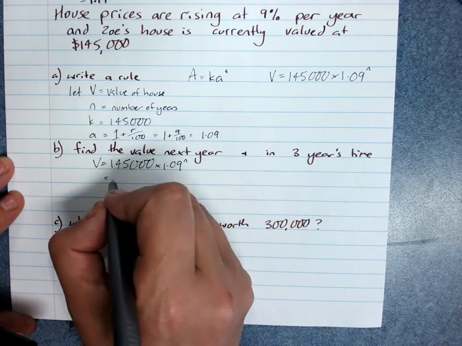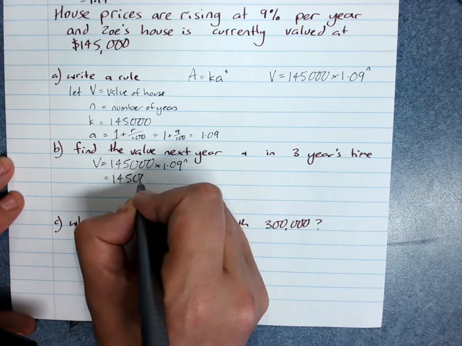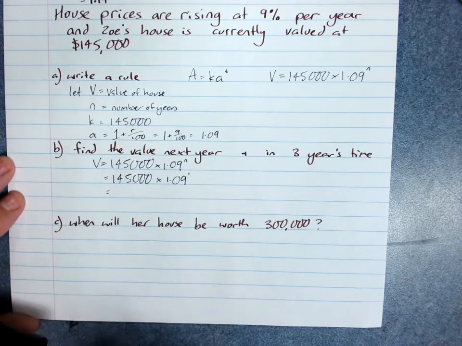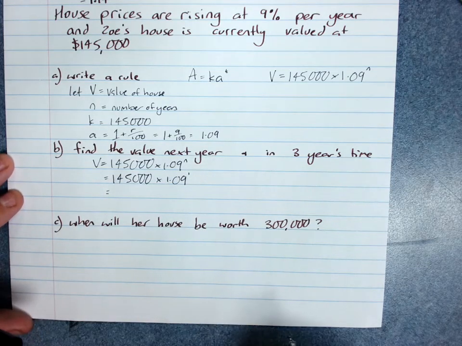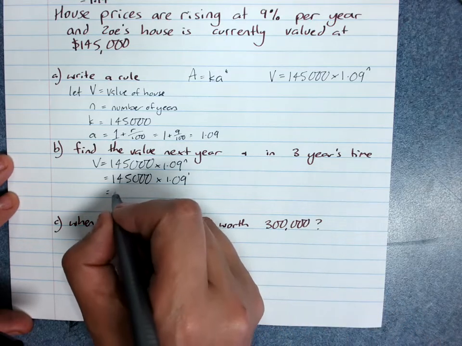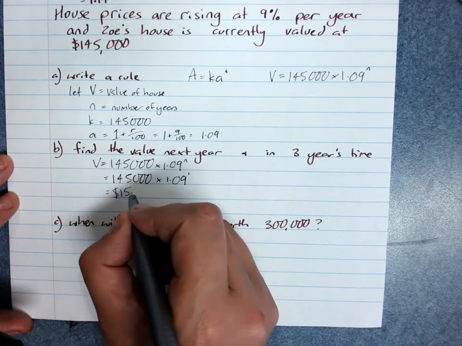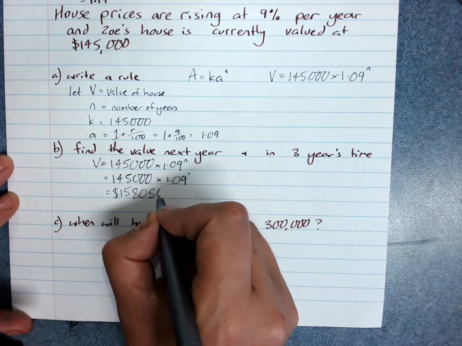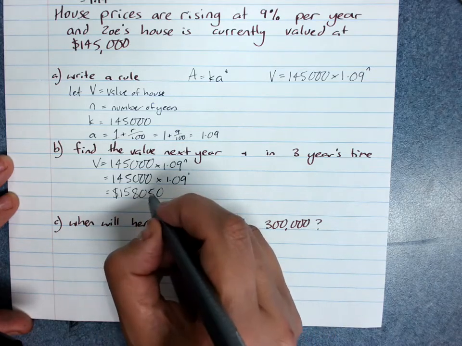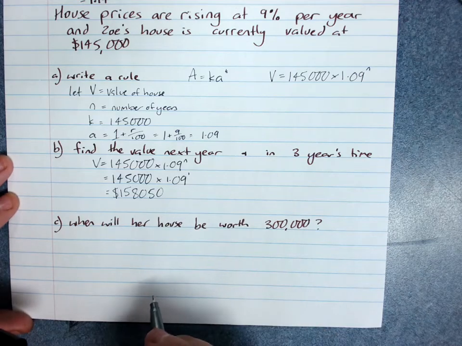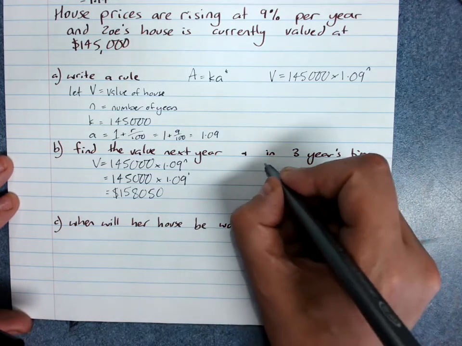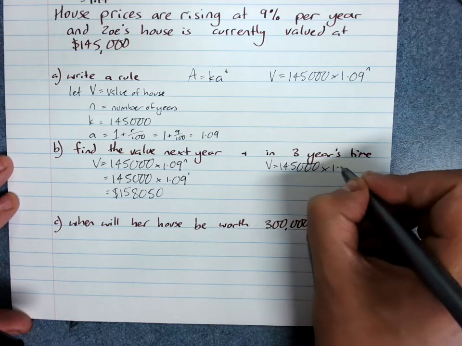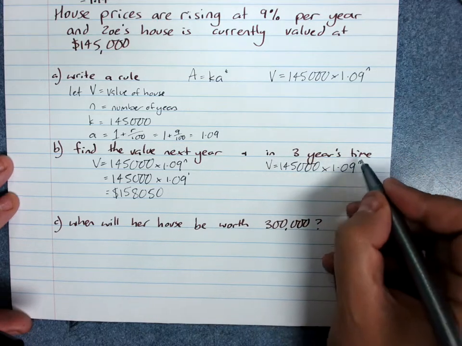Substitute in the value of 1 for 1 year, and evaluate that, which is $158,050. In 3 years' time, we'll start with the rule, and n will be 3.